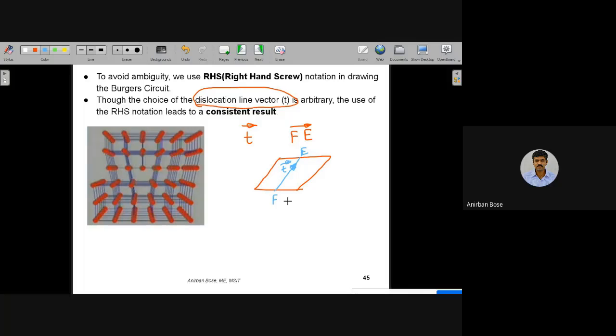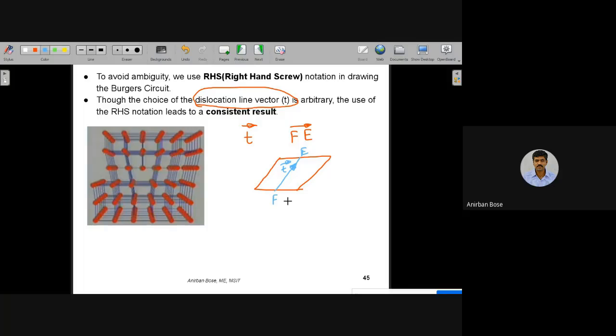Now what you do is use your right hand screw rule. What is the right hand screw rule? You point your thumb towards the direction of the dislocation line vector and rotate the Burgers circuit in the direction the other four fingers indicate.